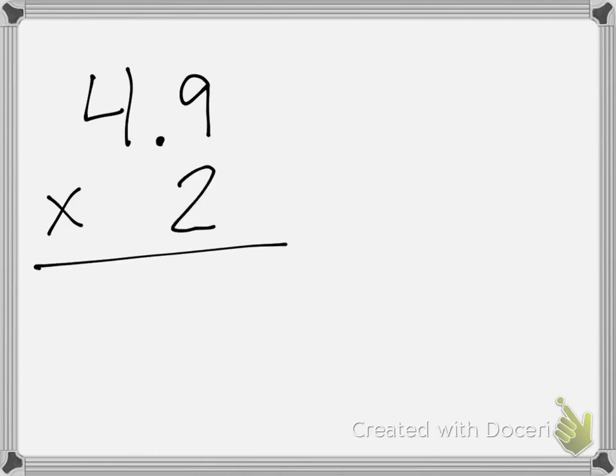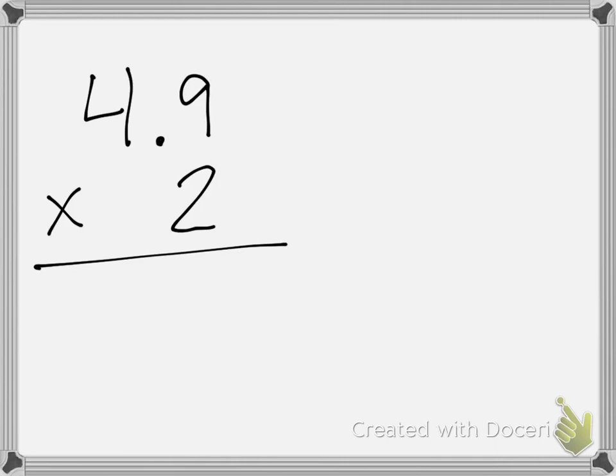I'm going to line up my problems the same way that I normally do, except because we're multiplying, I'm going to line it up like that. That looks a little different, doesn't it? Yeah. That looks a little bit different. But for multiplying, that's what we're going to do. And what we're going to do in addition is, I believe the book calls it annex, we're just going to move this decimal over one place.